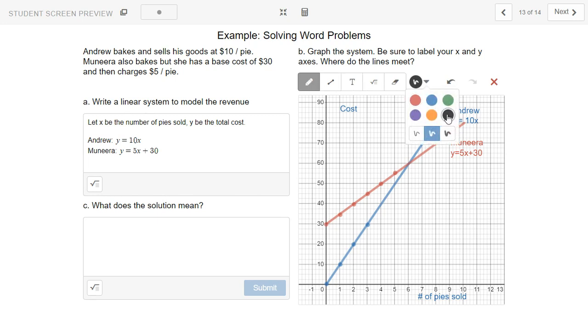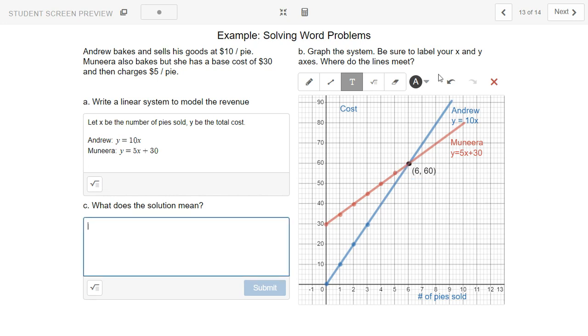Where do the lines intersect? The lines intersect at 6 and 60. So, what does the solution mean here? Well, we know the solution is equivalent to x and y. So, x is the number of pies sold and y is the total cost.